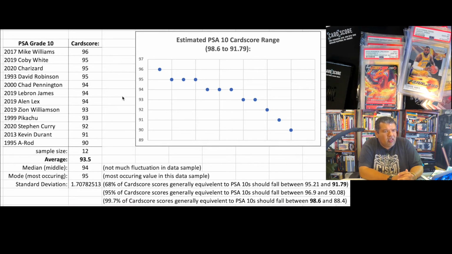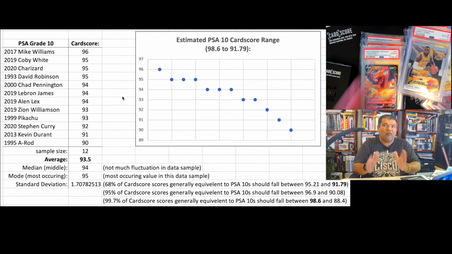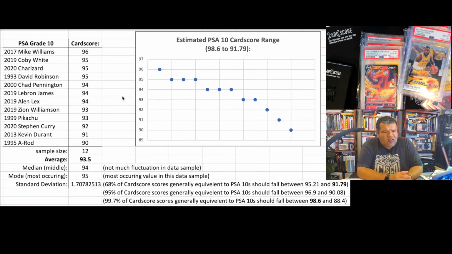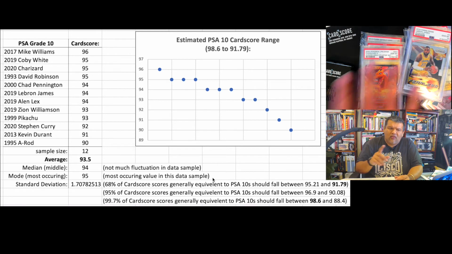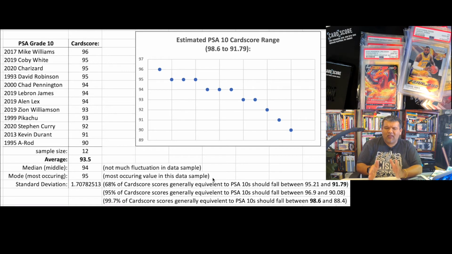Based on that, we can use Excel to calculate the standard deviation. This is a range where numbers are most likely to fall in a research set. What I found was 68% of Cardscore scores, at least according to this data set, where the cards would generally be equivalent to a PSA 10, fell between 95.2 and 91.79, roughly.